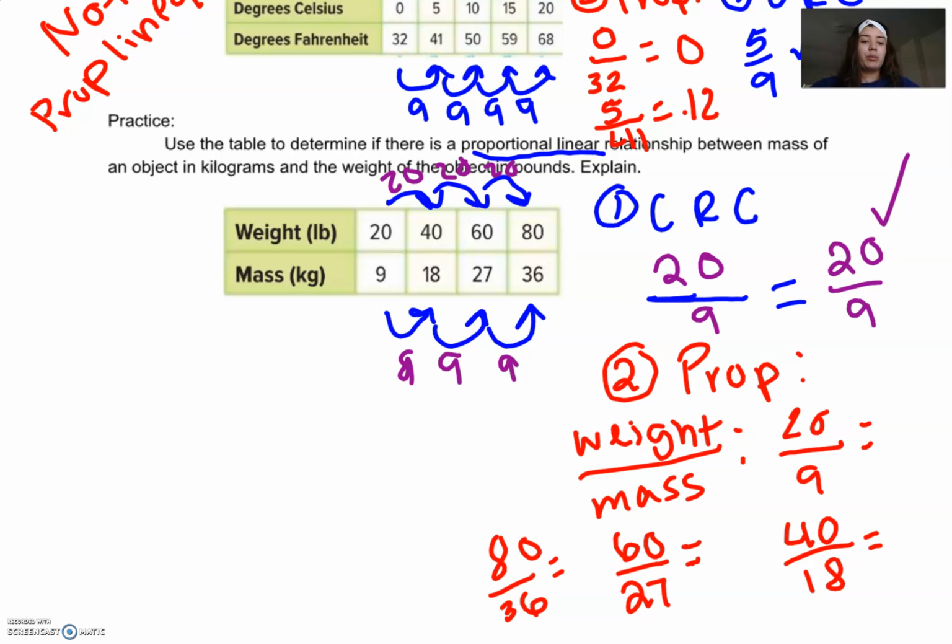Now we're checking our proportional relationships. So what you should have done is taken 20 divided by 9, and you get 2.2 repeating. You get 40 divided by 18. And that is also 2.2 repeating.